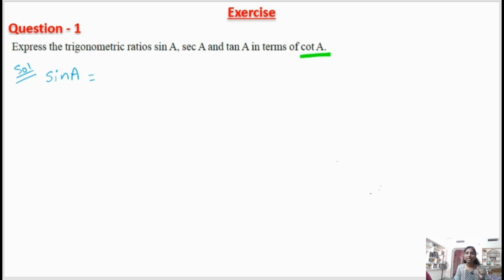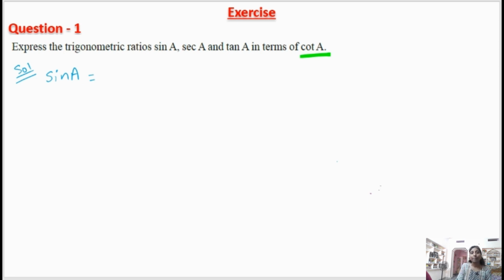Sin to cot. Do you remember the third identity? The third identity is a relation between cot and cosec. If we reach from sin to cosec, then we can easily reach from cosec to cot.